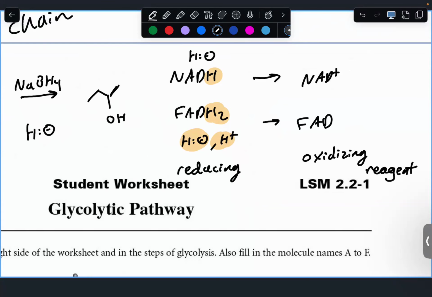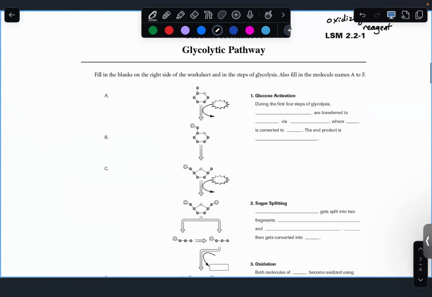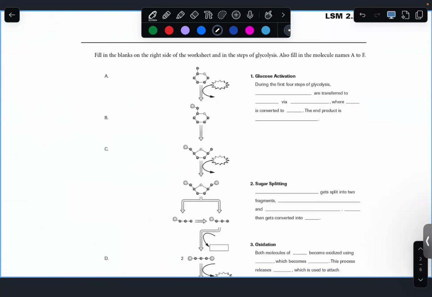Okay. So with that in mind, let's do a little bit of just general bird's eye view of glycolysis. So this is on Learning Suite. Take a second to label all these molecules and figure out what goes into the blank spaces.